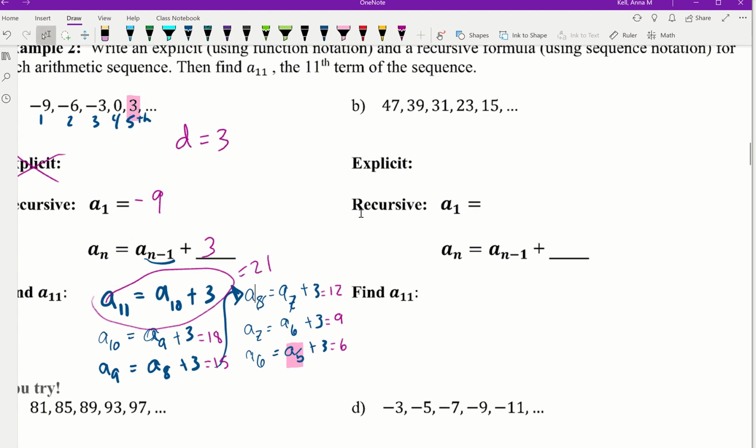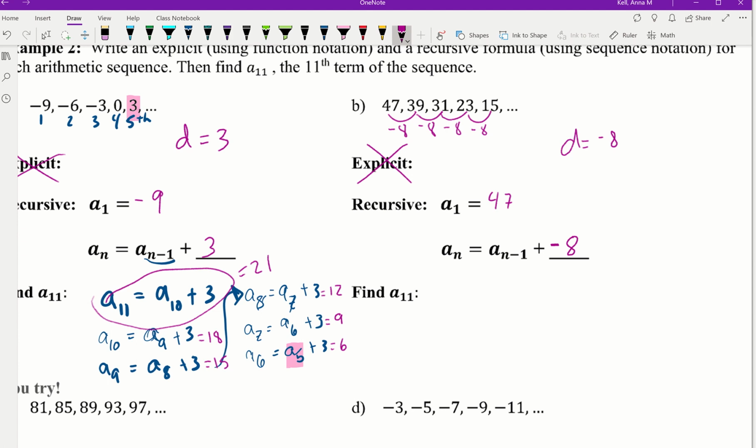But let's go ahead and look at this next example. So let's go ahead and try to find our common difference. Okay, so again, we're going to skip explicit for now. My A1, that starting value, is 47. To go from 47 to 39, I am subtracting 8, and that becomes my pattern. So my common difference, my D, is -8.